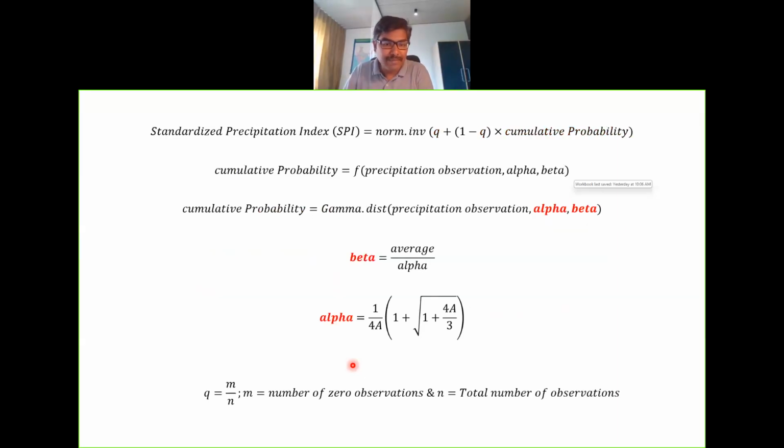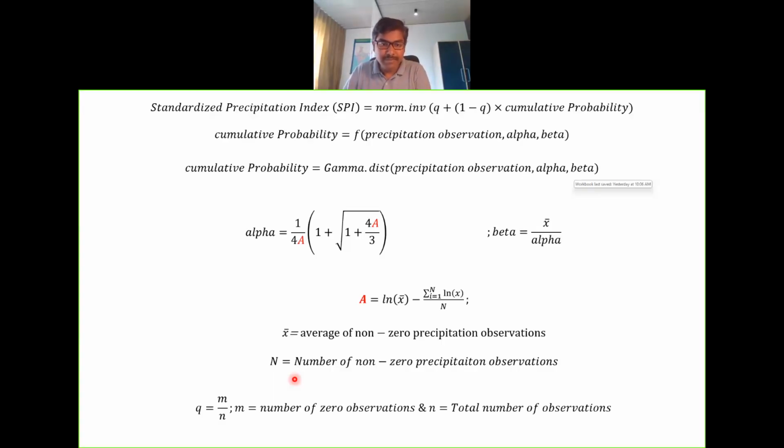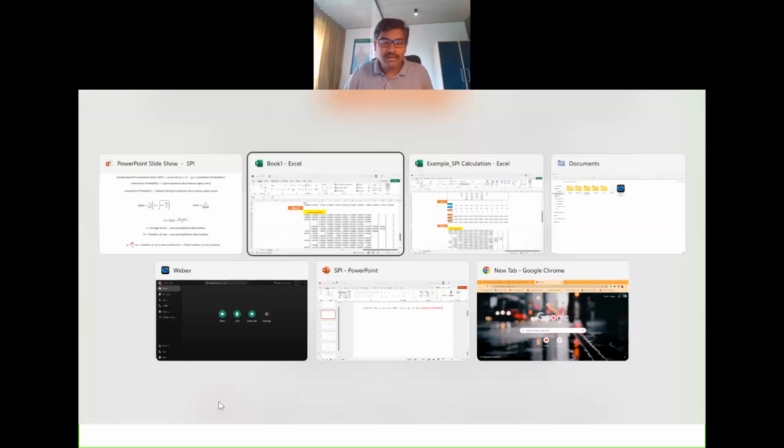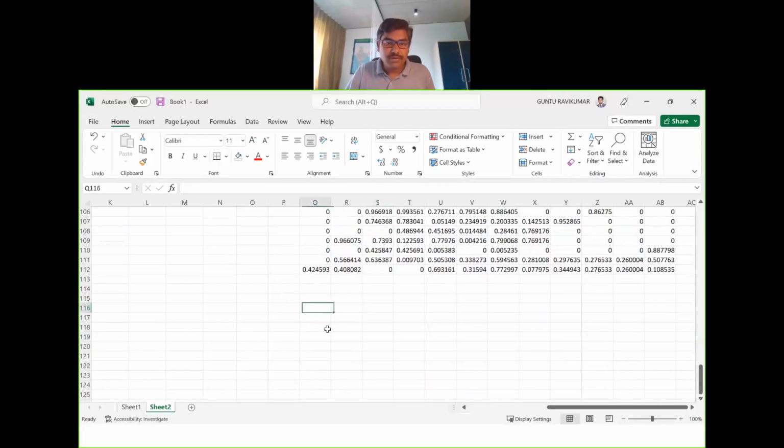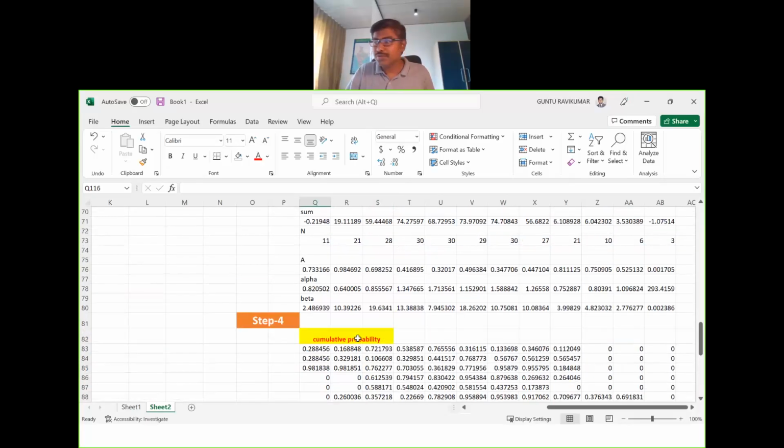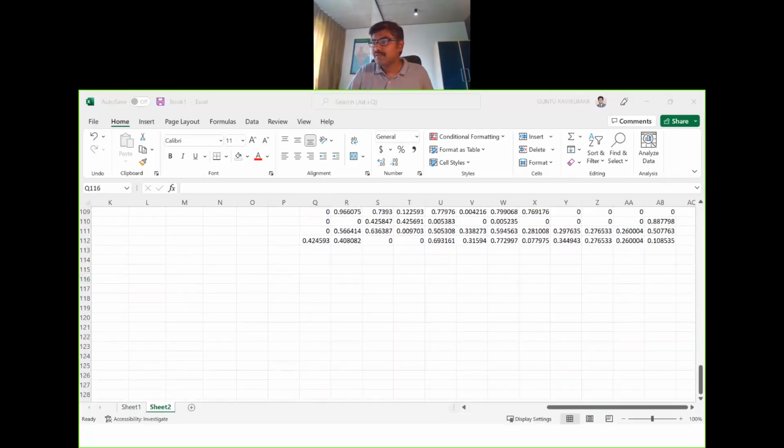I know my non-zero observations is capital N, and total number of observations is small n. So small n minus capital N will give you m. So now I need to derive my Q.